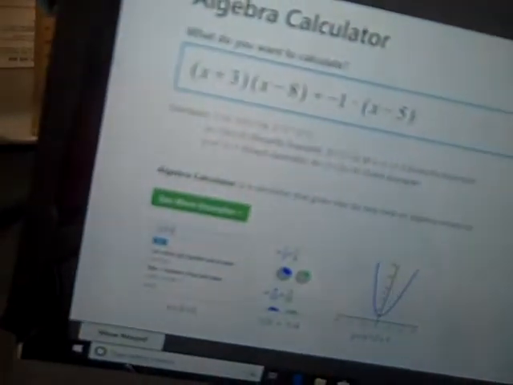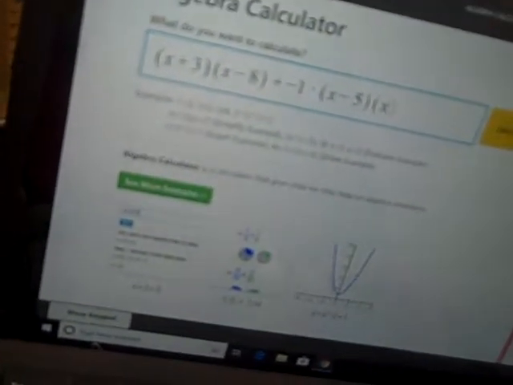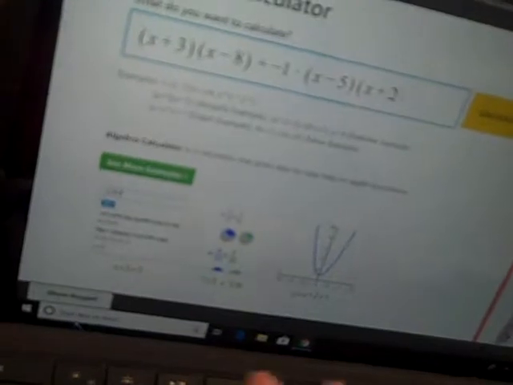Negative 1. Can't be done. It just takes forever. And then the factor x plus 2. It simplifies everything for you. Negative 2x minus 14. Again, if I wanted to be a real jerk, I'd make you factor out a negative 2 GCF, but I won't do that.